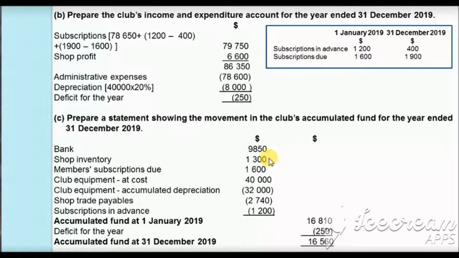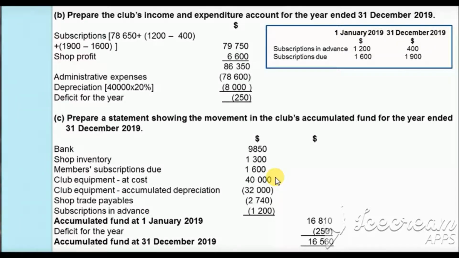Plus we have the shop inventory on 1st January 2019 as $1,300, plus the members' subscription due on 1st January 2019 as $1,600. So these are all our current assets. Then we go for non-current assets, where we have the club equipment and the cost value is $40,000.